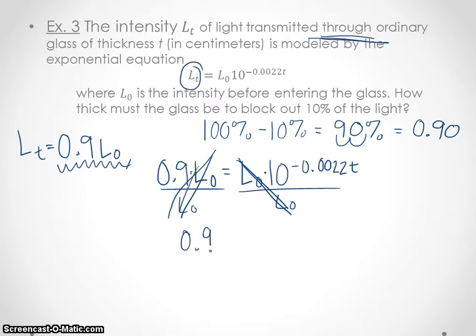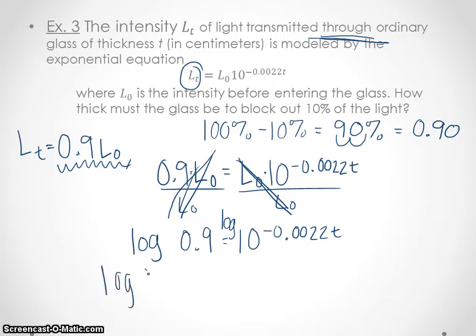So then we're left with 0.9 equals 10 to the negative 0.0022 t power. And we're going to take the log of each side, and we can use common logs or natural logs here. I don't see e, so I'm just going to use common log. So log on both sides. So we have log of 0.9 equals log base 10 of 10 to the negative 0.0022 t power.